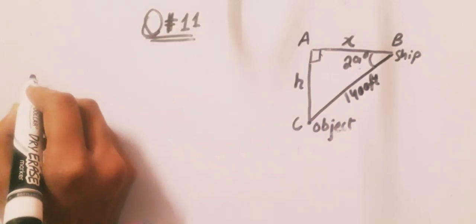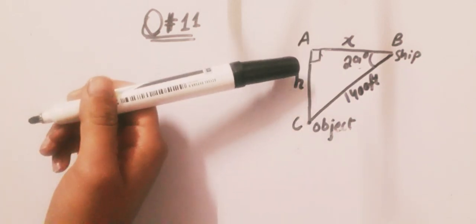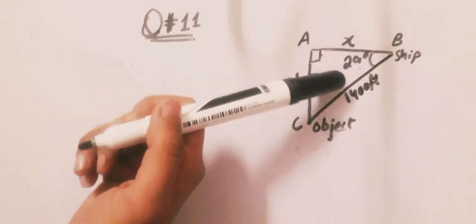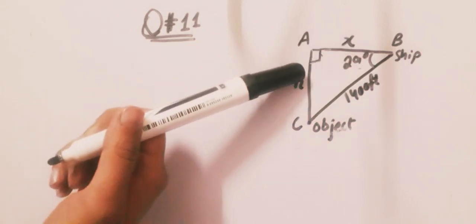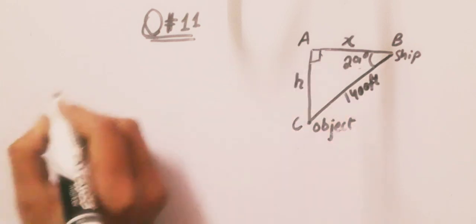First of all, to find height, you will use the trigonometric ratio of sine theta, which is equal to perpendicular by hypotenuse, and you will calculate.